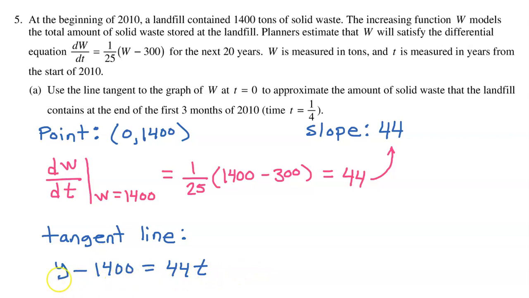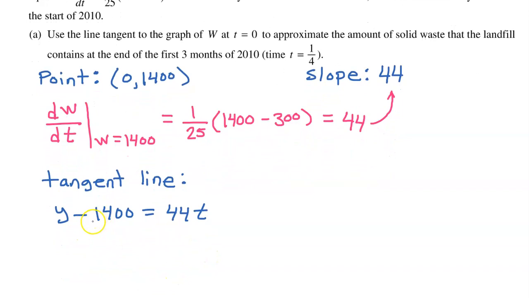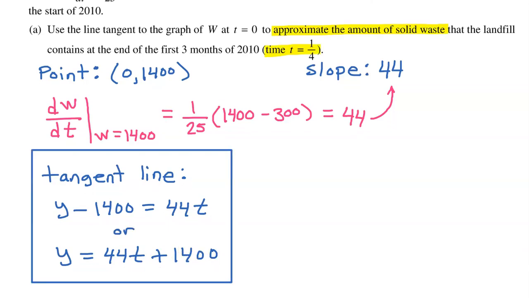We don't really need the minus 0 part, so now we have this. This is an acceptable equation of the tangent line, but I think it might be nice to add 1,400 to both sides of the equation. So the equation becomes y equals 44t plus 1,400. We can use the tangent line to approximate the amount of solid waste at time t equals 1/4.